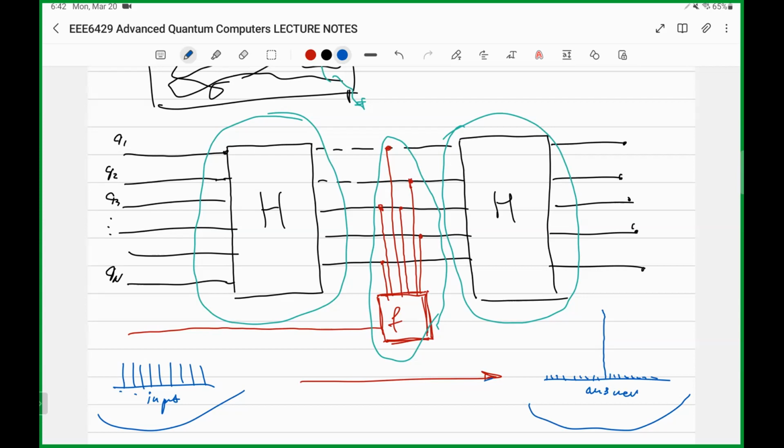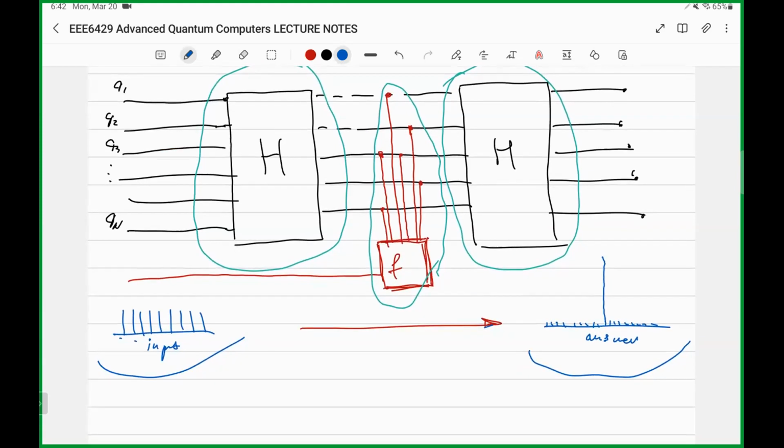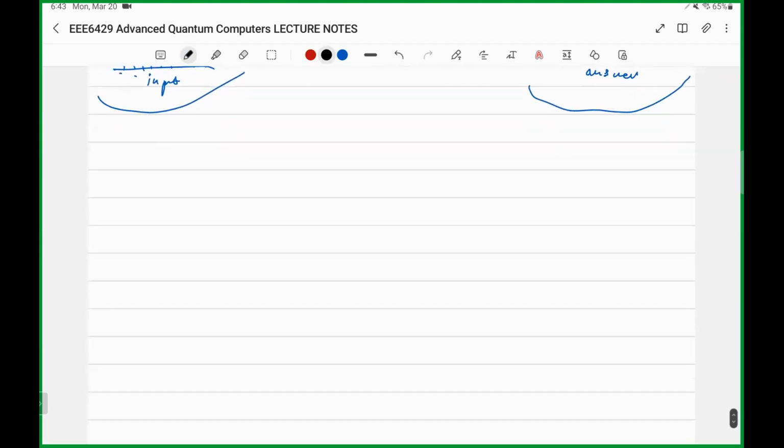Yeah, so if no questions, let's change gear and talk about something related to what we discussed, but that has applications in other areas of quantum technology.